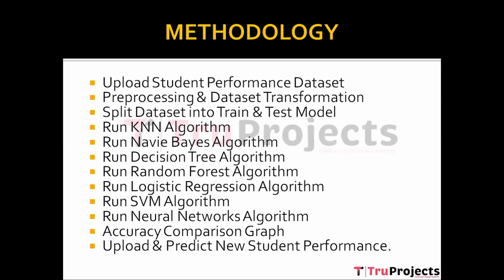Then run random forest algorithm. In this module, we are going to train and build the algorithm, then test the dataset with the random forest algorithm to calculate the accuracy. The next module runs support vector machine algorithm.